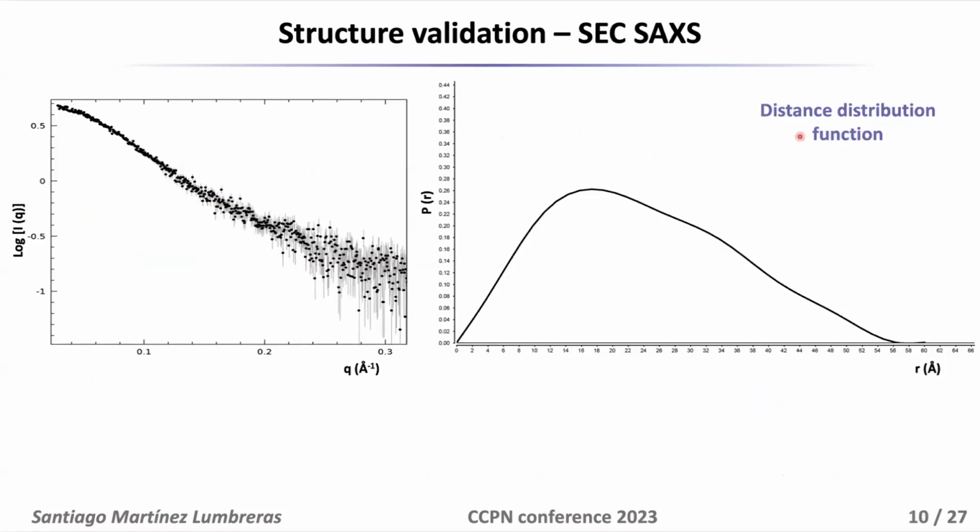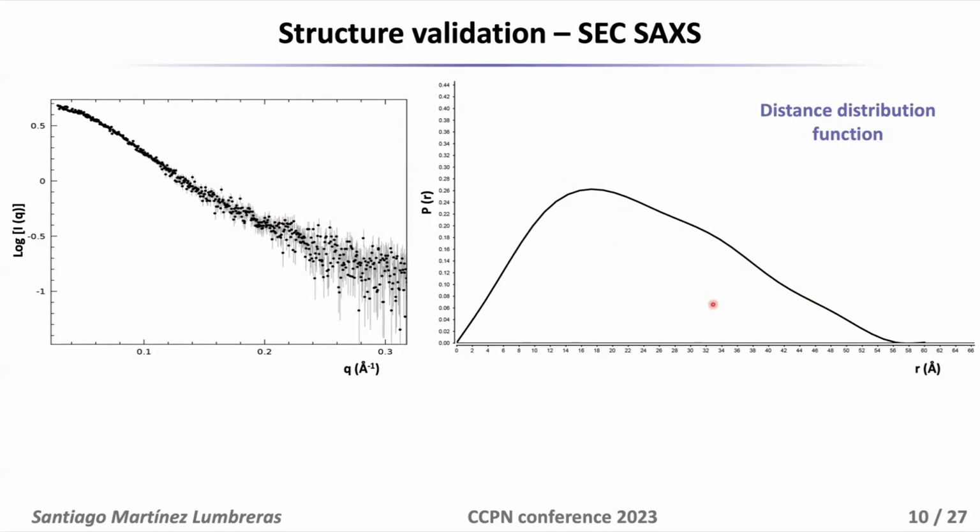We also acquired SAXS data, as we've seen before. SAXS is a nice technique that gives us an idea about the shape and the size of the particles that we have in solution. From the distance distribution function derived from the SAXS data, we can see that we have a bimodal function with one major peak populated by the intra-domain distances, and a shoulder that would reflect that there are longer interdomain distances.